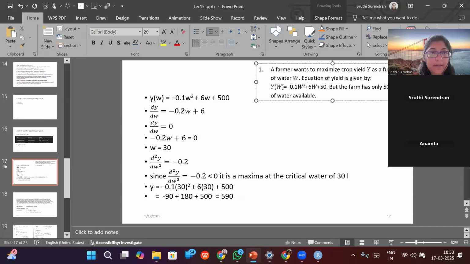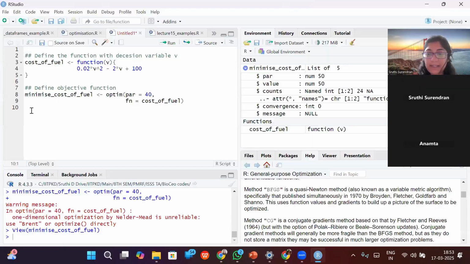So in the same way, we will again define the function, which is basically max yield.